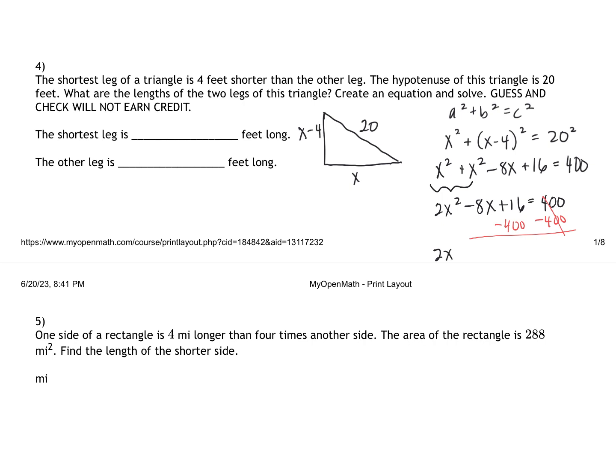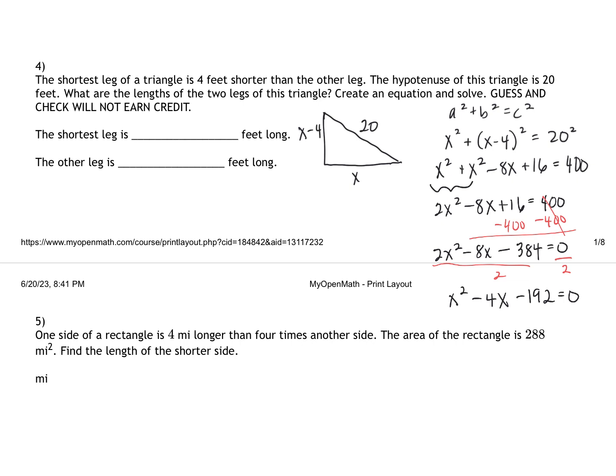So I'll have 2x squared minus 8x minus 400 plus 16, which is negative 384, equals 0. And now I can divide everything by 2. So that's going to give me x squared minus 4x minus, 384 divided by 2 is 192.